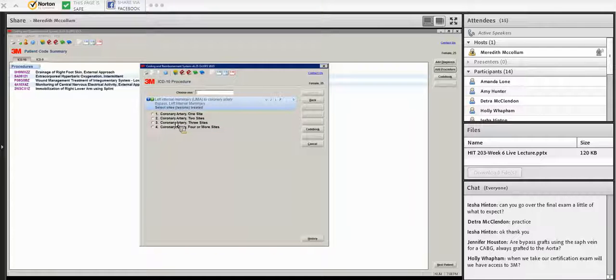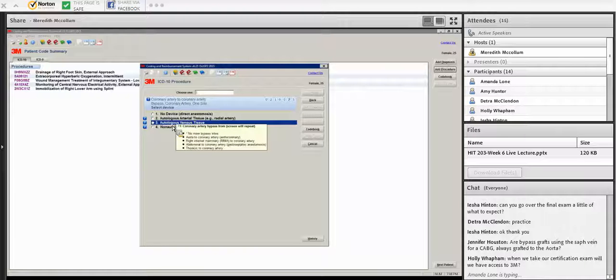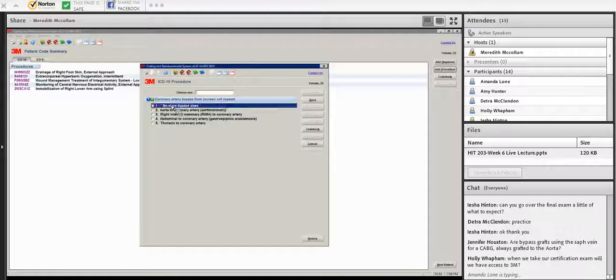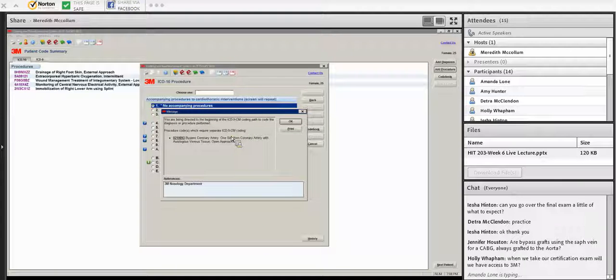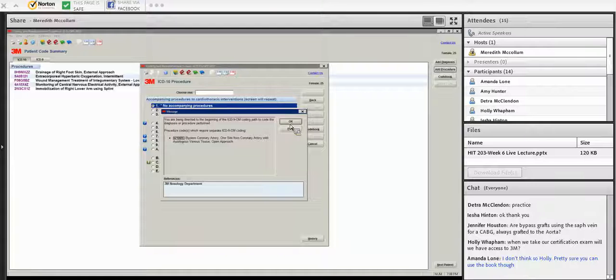Let me just see something. No, it can go from the coronary artery.